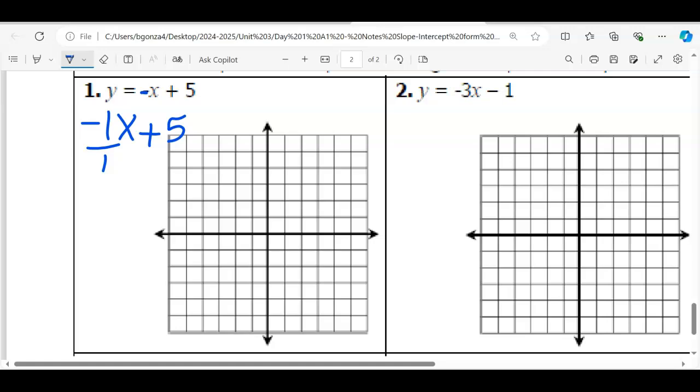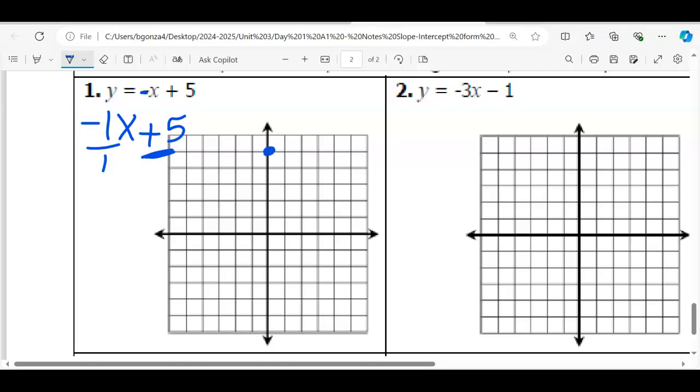Now, I'm going to ask you this question every time. What do I graph first, the m or the b? B for beginning. Okay, so what's the b? It's 5. So put a point at 5. 1, 2, 3, 4, 5.